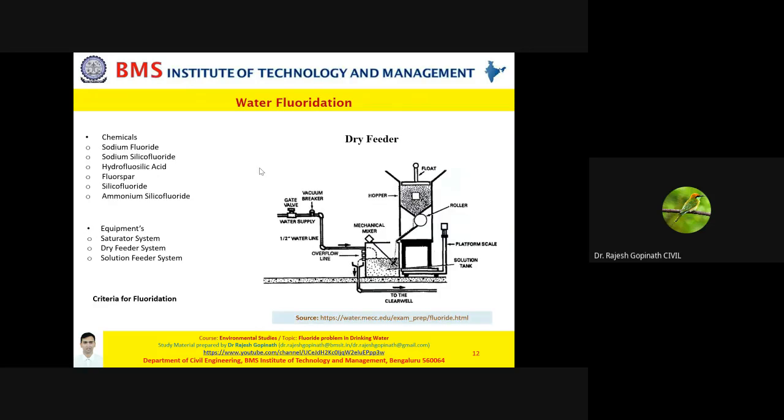But before we move into that, let us have a quick glimpse of how fluoridation can happen. So friends, fluoride can be added to your milk, your school water, or your drinking water by adding some chemicals such as sodium fluoride or fluorspar, silicofluoride, and so forth. There are various equipments. As you can see the dry feeder, and other equipments also, such as saturator system or solution feeder system.